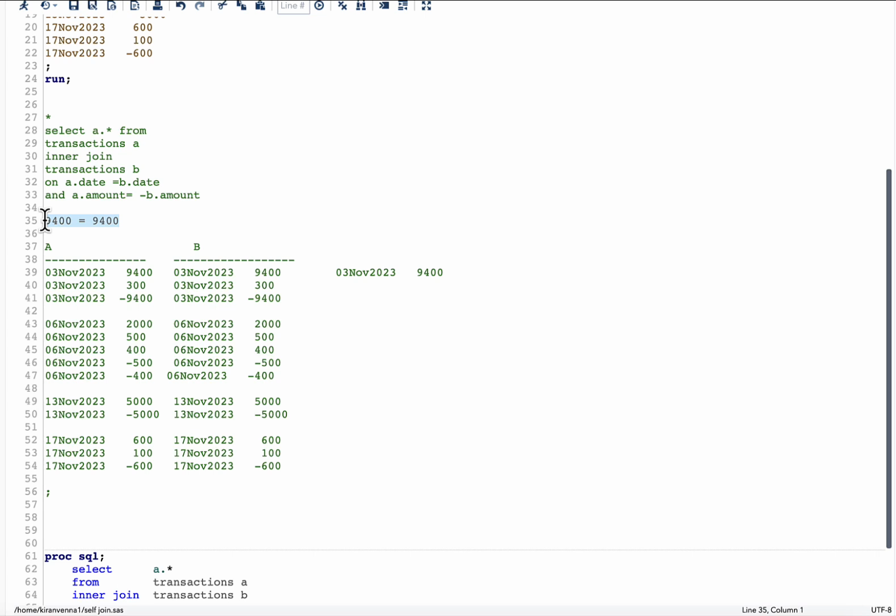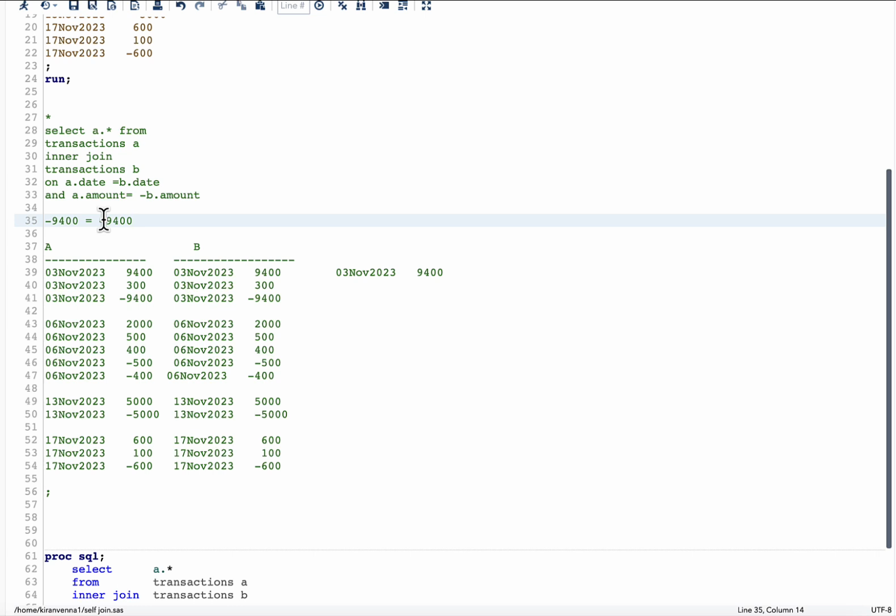Now if we look into the next observation, 300 is not comparable to either this row or this row, and it is also not compared to this row because we are saying minus. So 300 equal to minus 300 is also not true. And when I come back to minus 9400, if I paste it in here and then I do equal to, and the very first value 9400 is there in the B, and if I put minus in front of it, it becomes 9400.